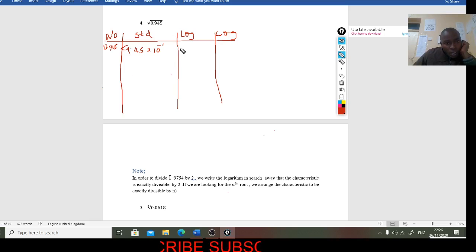So the logarithm starts with power 1 point.